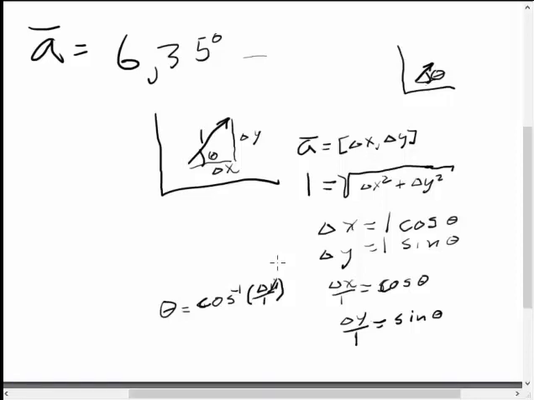Okay, so what are some other things about vectors that we need to know? Let's say we have two position vectors. We'll call these two position vectors P1 and P2. Now, a lot of times we use P to denote angular momentum, but in this case we're going to use the P notation for position vectors.